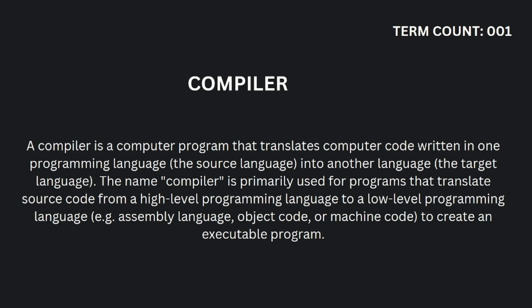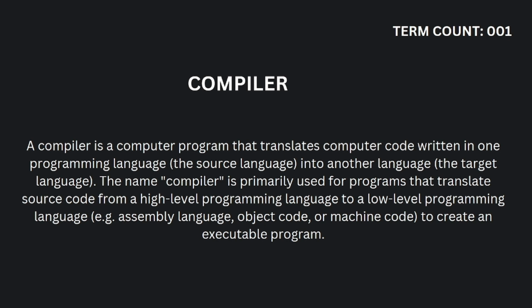Our device, our computer, only understands binary, that is zeros and ones. In order for the computer to understand our code, which are our instructions, there must be a translator that translates our instructions into a language that the computer understands, that is binary. In our case, the compiler converts our language, that is Java, to a simpler language that is computer readable.